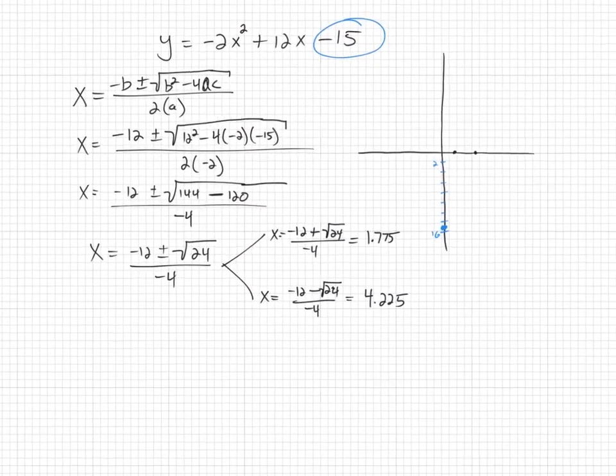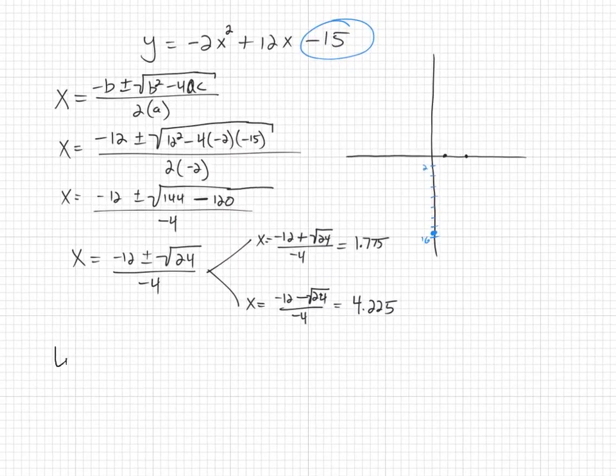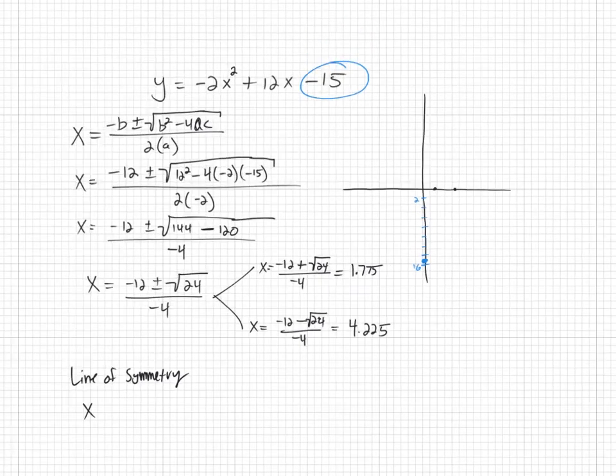And now we've got to find our line of symmetry. And to find our line of symmetry, we have to use this formula, and you could do the vertex form on this, but because of this 2 in front, it really makes it challenging. So the line of symmetry, this formula, negative b over 2a, is derived once you understand calculus.